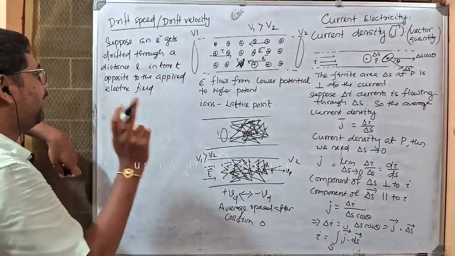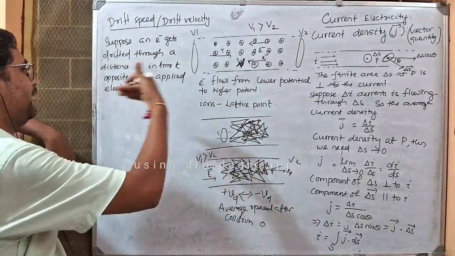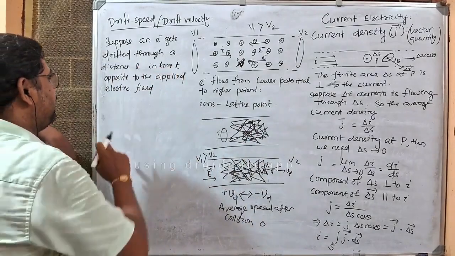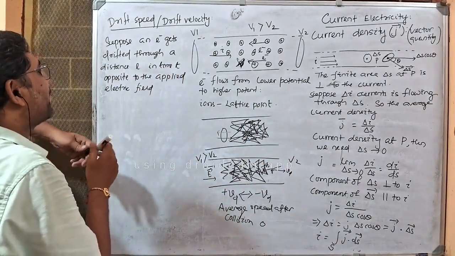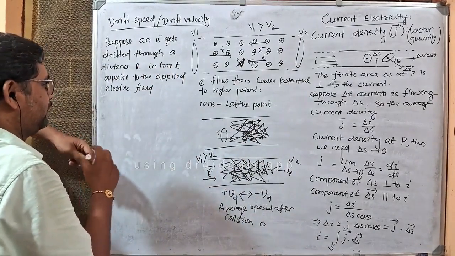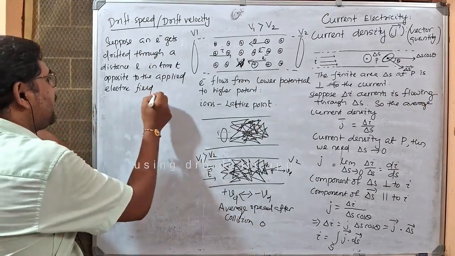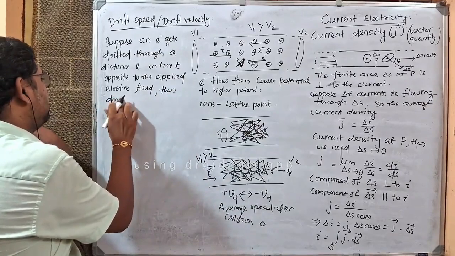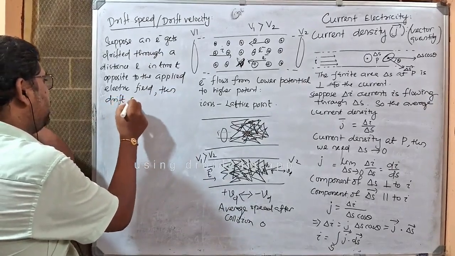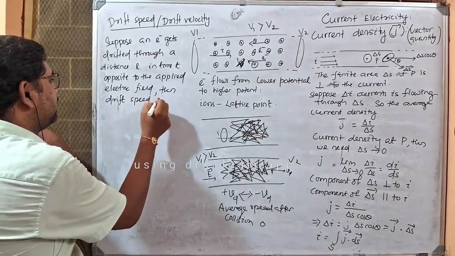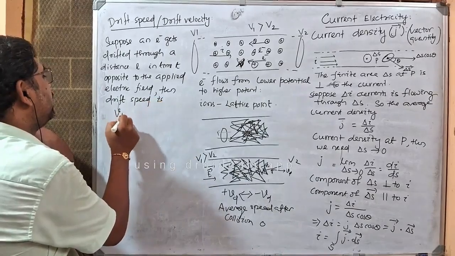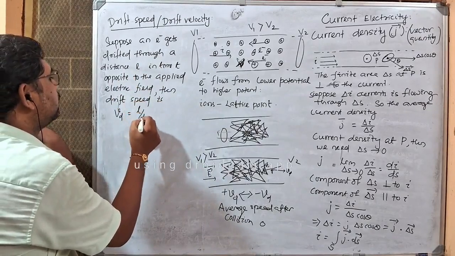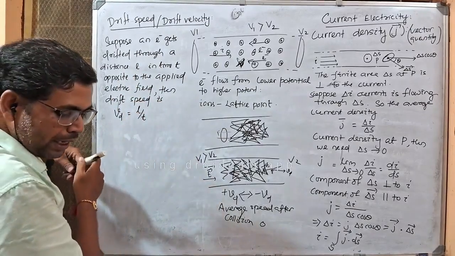Then drift speed can be written as Vd is equal to speed, which is distance by time.